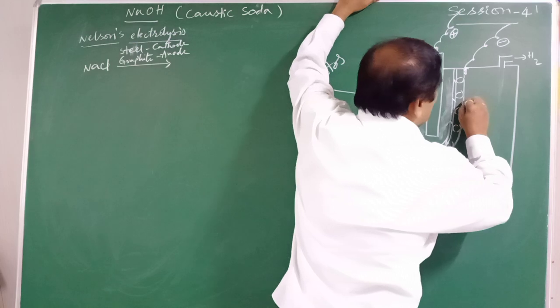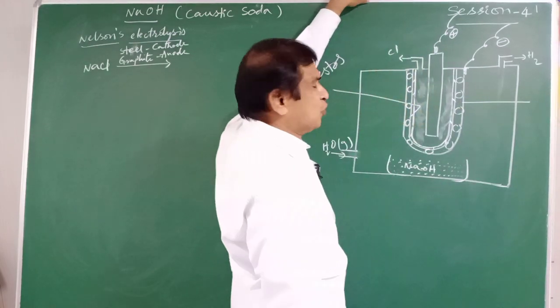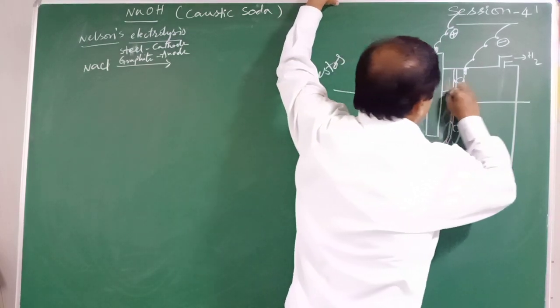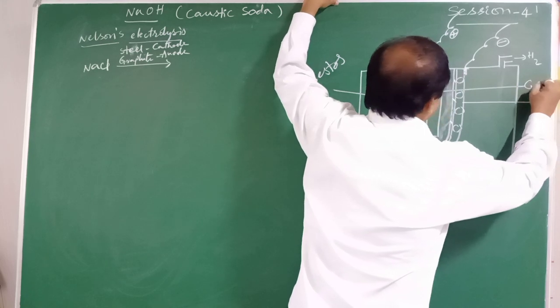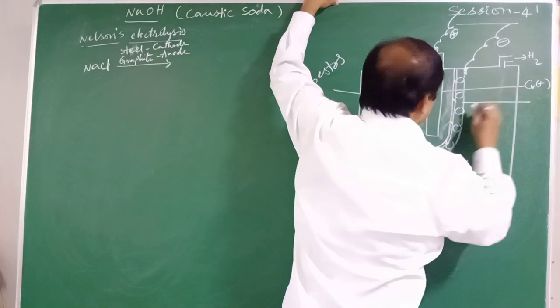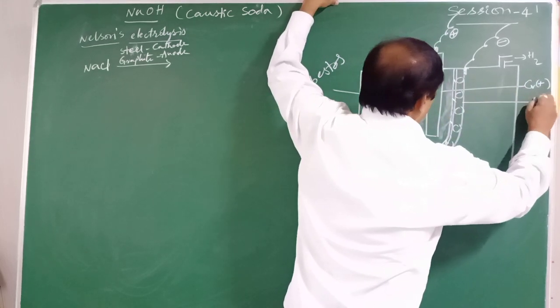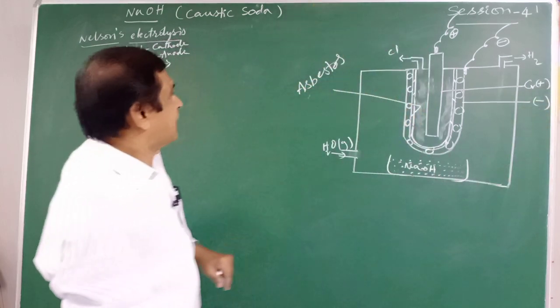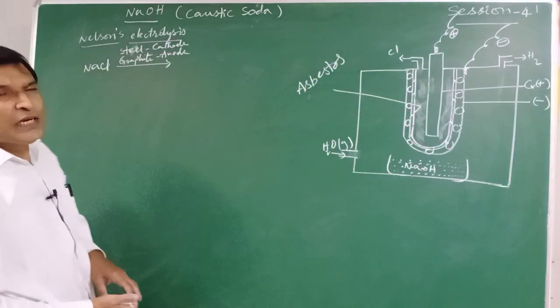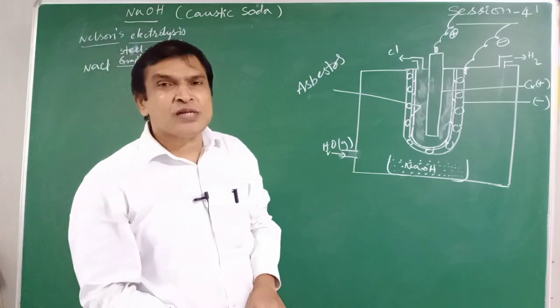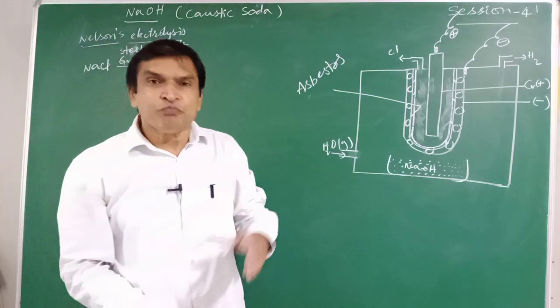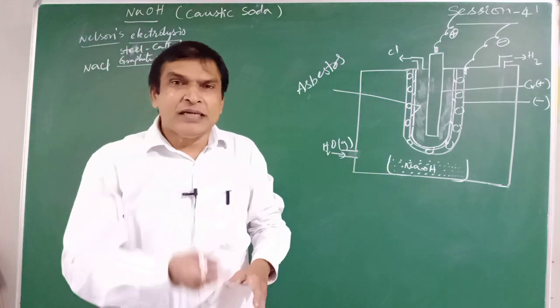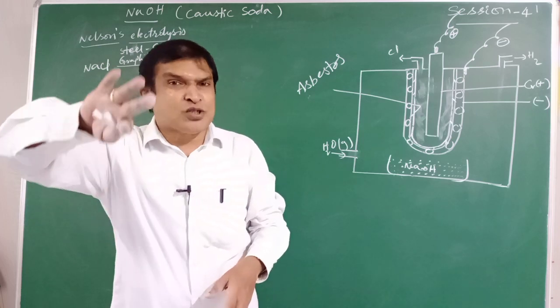This is the steel vessel as cathode. The perforated U-shaped steel vessel is used as Nelson's electrolytic cell. It itself acts as cathode, and the inner side of the cell is lined with asbestos.